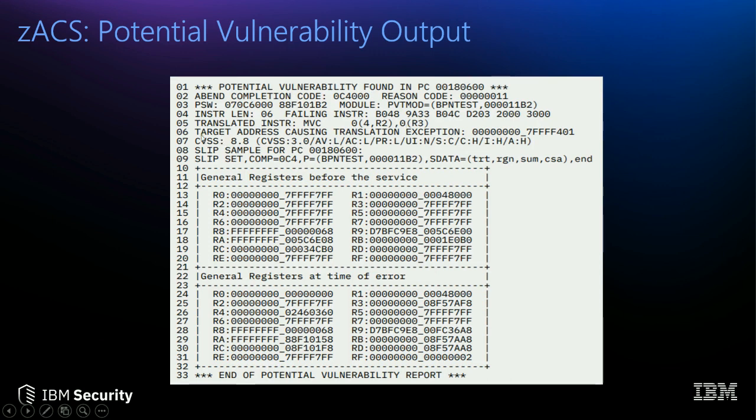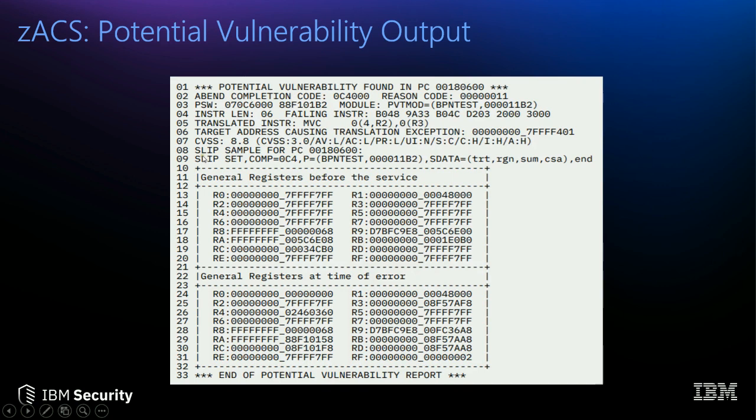And line 6, the source or target address that caused the translation exception. And okay, line 7, we have the probable zACS score and vector of the potential vulnerability. And zACS scores are calculated using CVSS version 3.0.